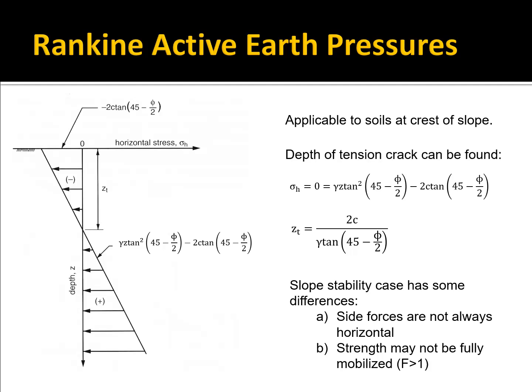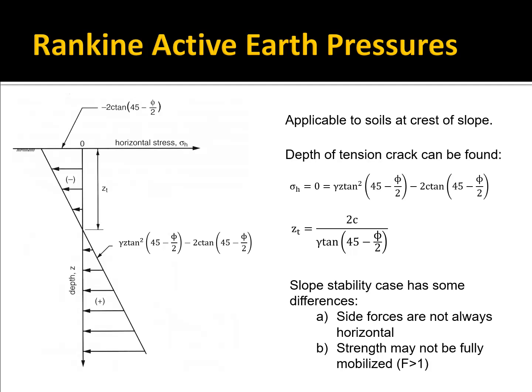If you set this equation equal to 0 and solve for z, as shown over here, you can solve for the depth where that goes to 0, and that is z_t equals 2c over gamma times tan(45 minus phi over 2). And so one of the ways we deal with tension is to assume that a crack occurs in the soil down to a depth of z_t.